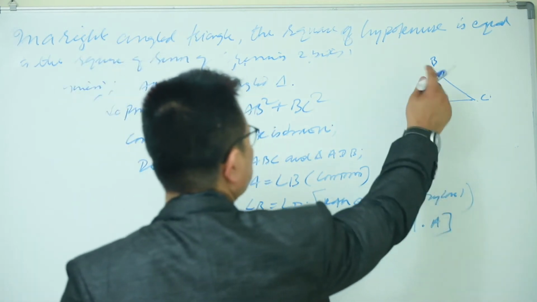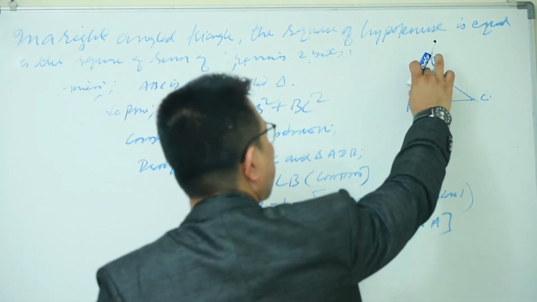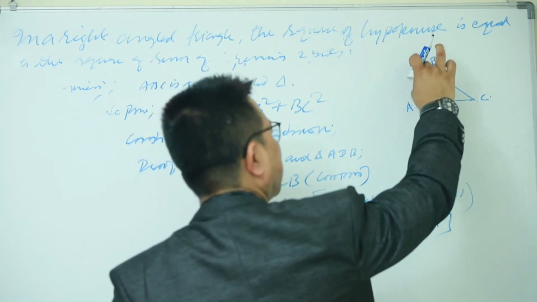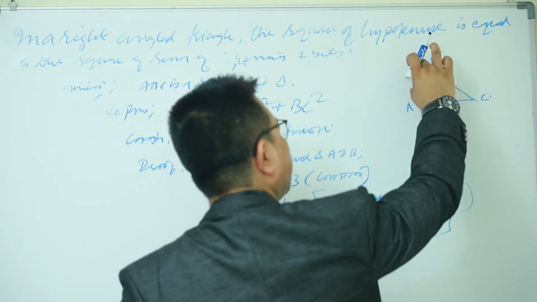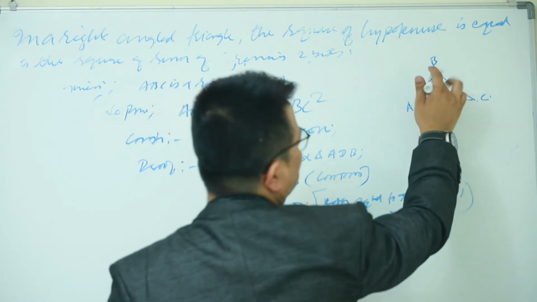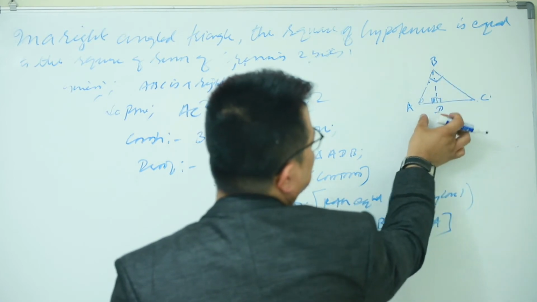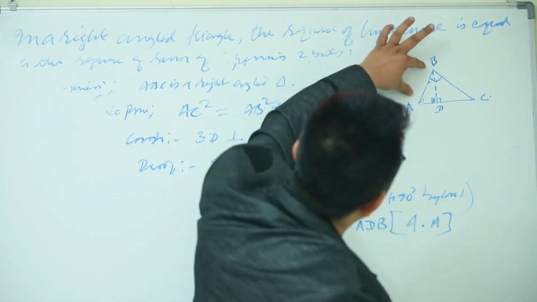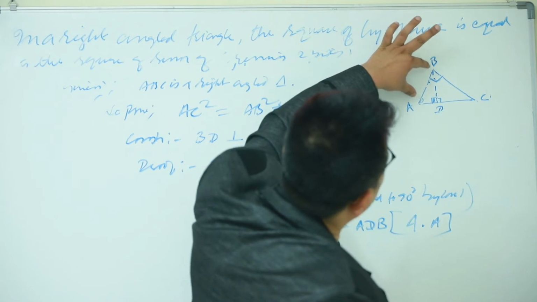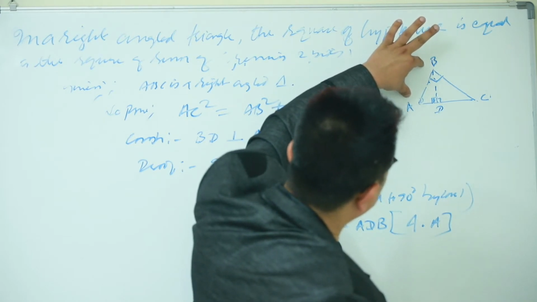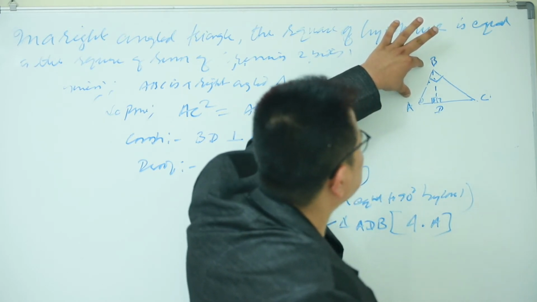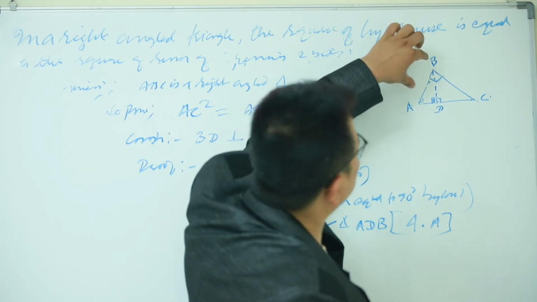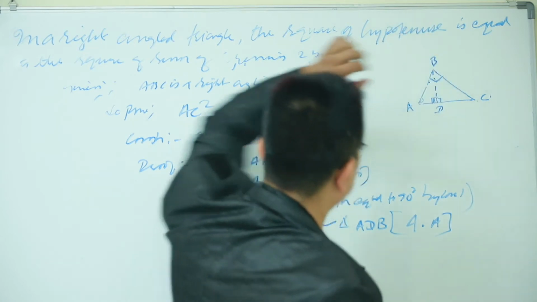What is the corresponding side of AB? The corresponding side of AB in the bigger triangle, in the small triangle, is AD. Right?